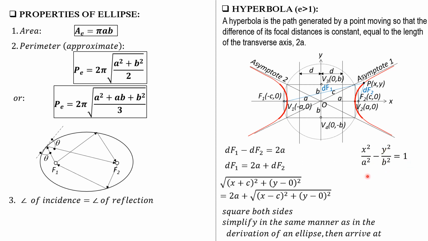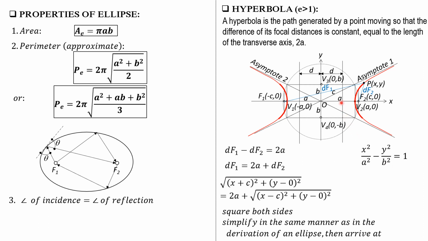I don't need to derive this equation in the same manner as we derived the standard equation of an ellipse with center at the origin and major axis on the x-axis. It's the same. You just derive this on your own, so that you will know how to derive the standard equation of the hyperbola. So this is the resulting equation.